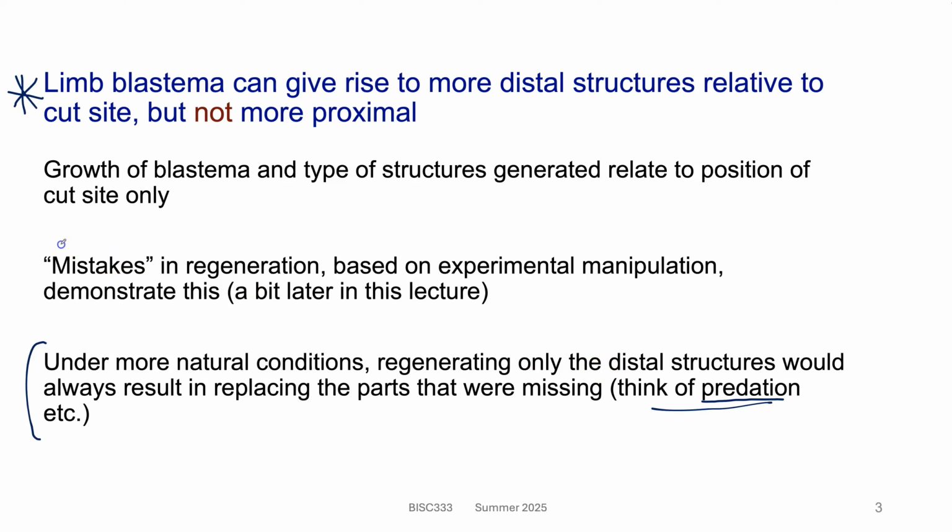Now I will be describing some experiments where things are grafted together that wouldn't normally ever happen in nature, or reversed in orientation and so on. These are experimental manipulations that help us understand better how this process occurs, and in some cases what the molecules are that lead to it.